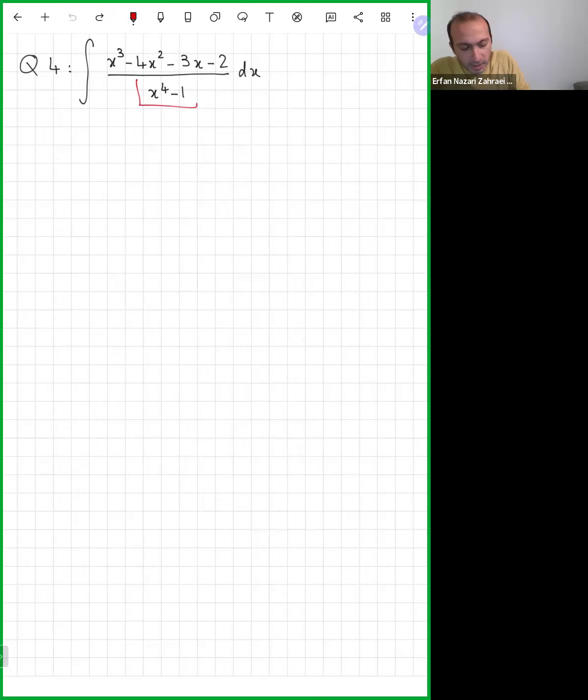Next thing is to factor the denominator as much as possible to get linear terms or irreducible quadratic terms. So factoring this, first I use the difference of squares. This is x squared minus 1 squared. So it is x squared minus 1, x squared plus 1. Then this is also a difference of squares.